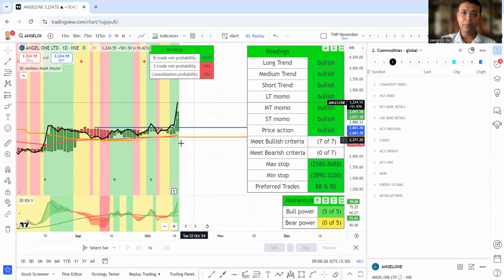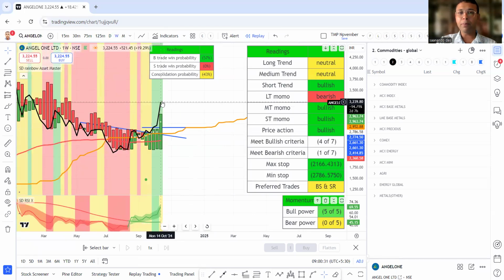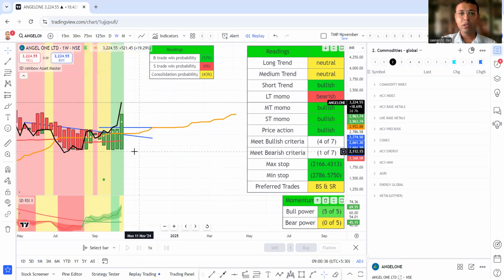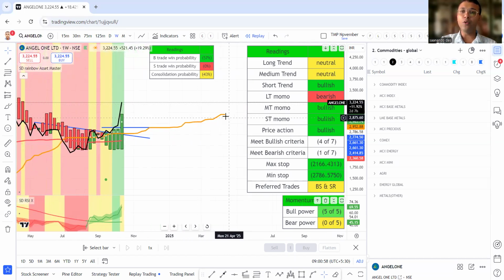Now, sometimes, say let's go to the Angel One weekly chart. You can see the price is currently above both the medium-term trend line as well as this long-term trend line. However, in the table you can see the reading is neutral and the medium-term trend is also showing neutral, not bullish. Though it is a trend line, the calculations here are a bit different.